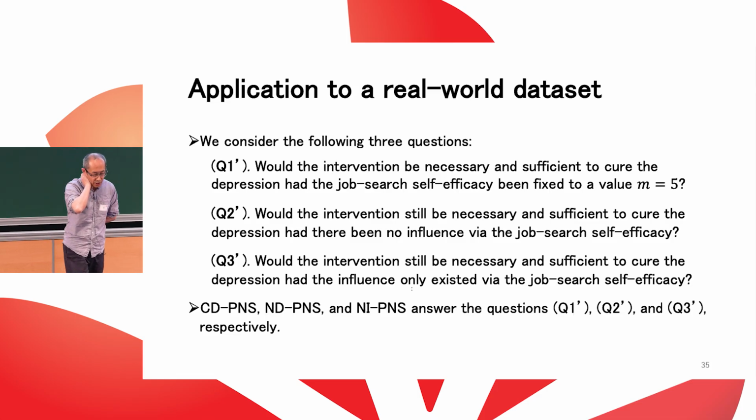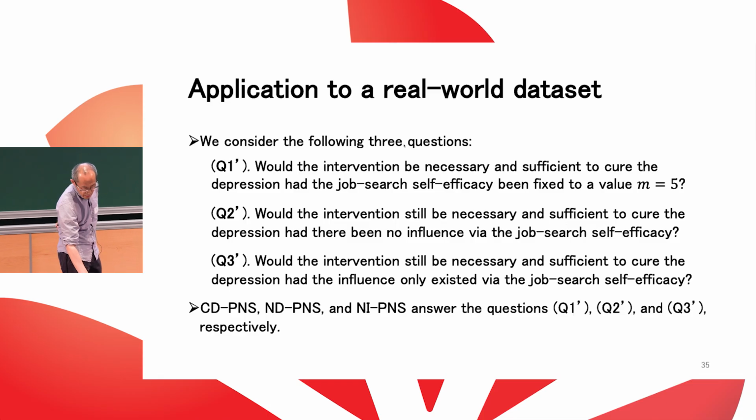apply those quantities to answer these kinds of questions. Would the job intervention be necessary and sufficient to cure the depression had the job search self-efficacy been fixed to a certain value? Would the job intervention be necessary and sufficient to cure the depression had there been no influence by this mediator, job search self-efficacy?